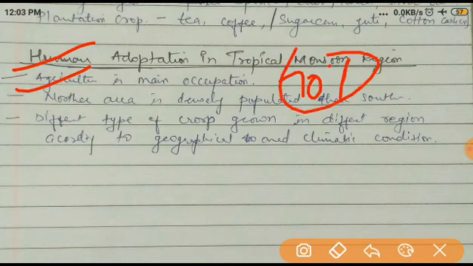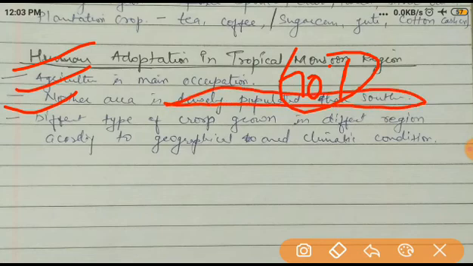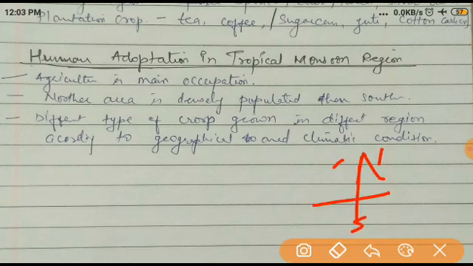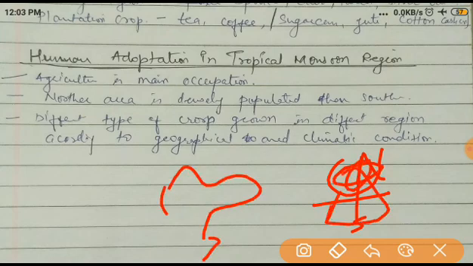That's why basically the northern area is densely populated as compared to the southern area. This northern area of India is more populated, just like Bihar, UP, I'm giving an example. It is more populated as compared to the southern area.